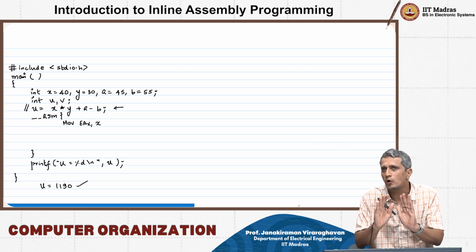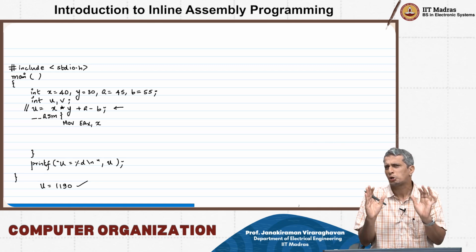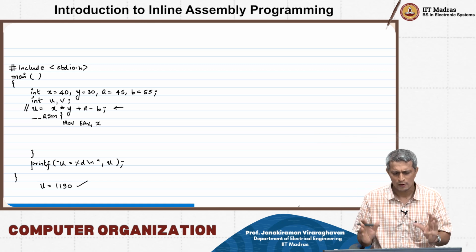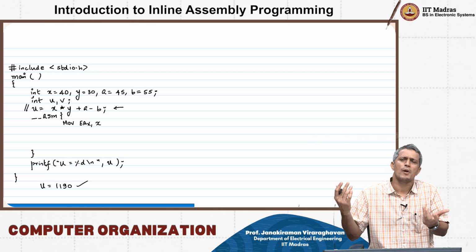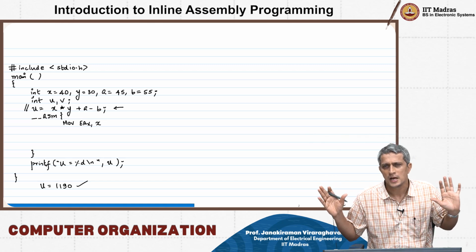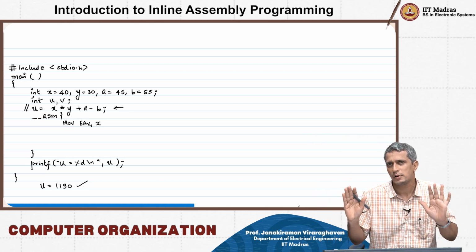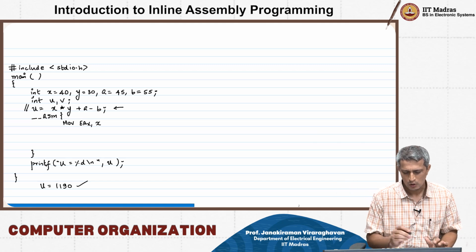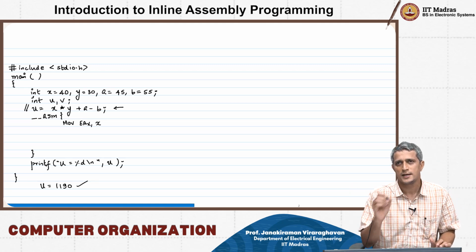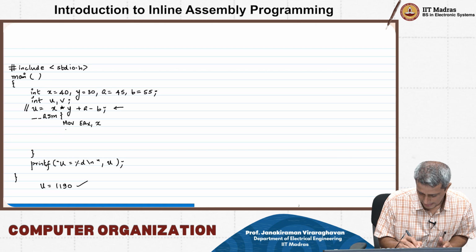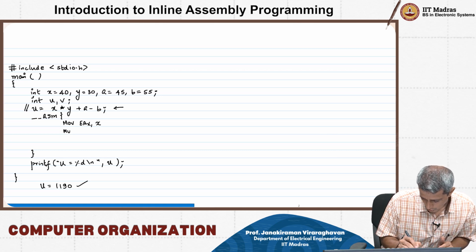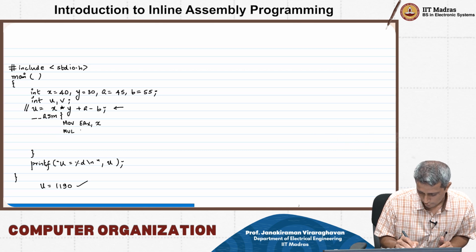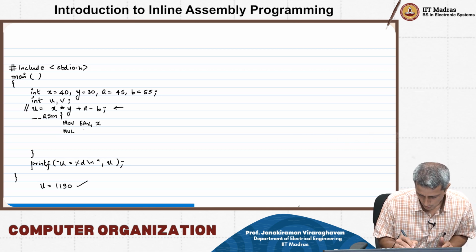But for now we are going to ignore that and treat it as an abstraction. Whether x, y, z are memory or register, we don't care, but it is a valid assembly instruction. So I move x into EAX, and then I will do mul of y.